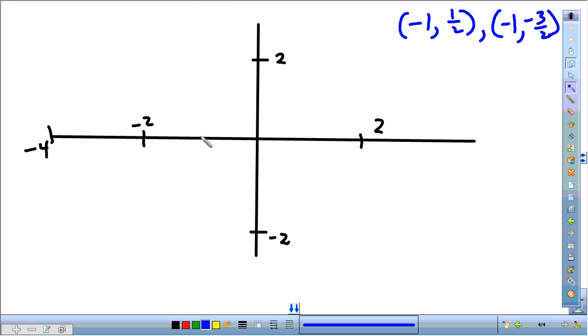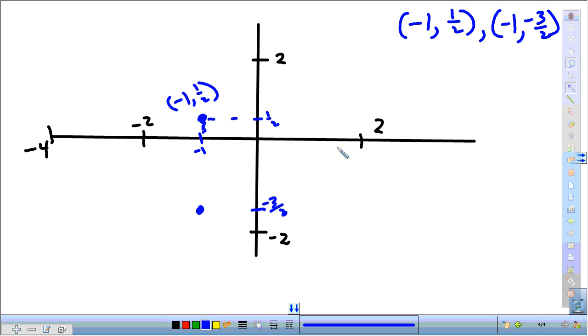So we have minus 1 for the x of one of the points, and then 1/2 for the y, so we take the corner of a rectangle determined by minus 1, 1/2. And that's our point, minus 1, 1/2. We could do the same thing with minus 1 and minus 3/2, so we get another point. So there are 2 points in the solution.